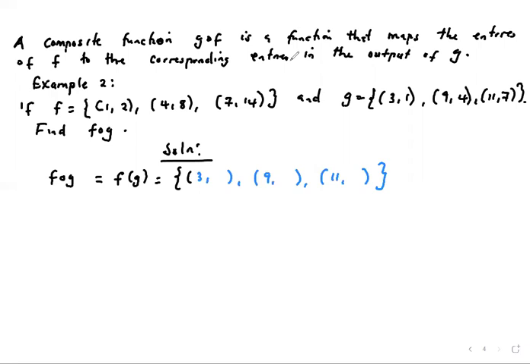Then go to F now. As we start from G, we follow 3, goes to 1. Come to F, 1 goes to 2. So 3 will go to 2. 9 goes to 4. 4 goes to 8. 9 must go to 8. 11 goes to 7. 7 goes to 14. So this guy goes to 14.